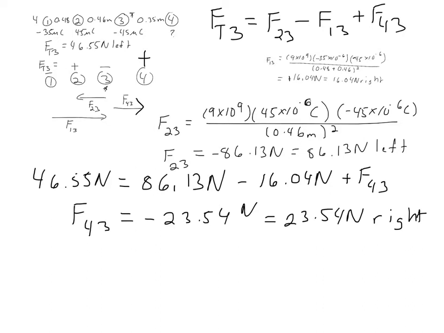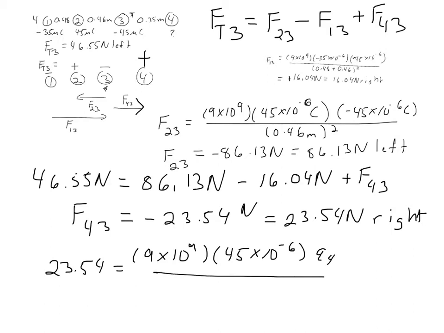So we're going to say 23.54 equals kQ1Q2 over the distance squared again. So 9 times 10 to the 9th times negative 45 for 3, but we're just going to make it positive to ensure we get the right answer, 45 times 10 to the negative 6th times Q4, all over the distance between them, which is 0.35 quantity squared.